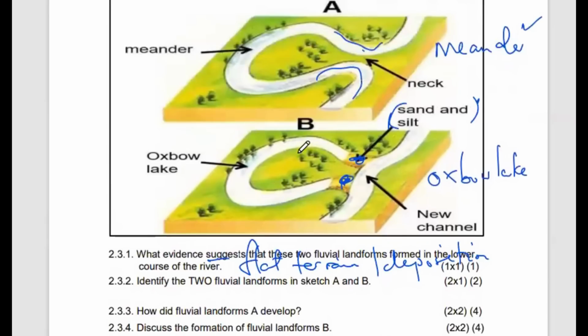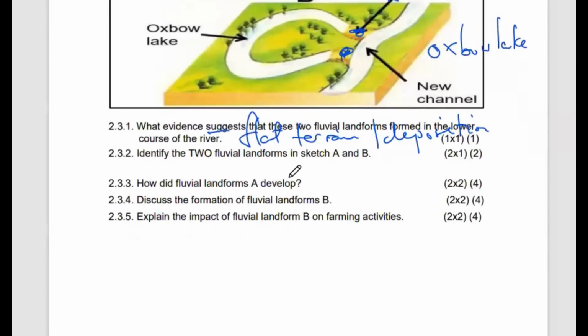Right. So how did the fluvial landform A develop? We are looking at the meander. How does a meander develop? Right. Let me just summarize it like this. There is flatland, which leads to less velocity.